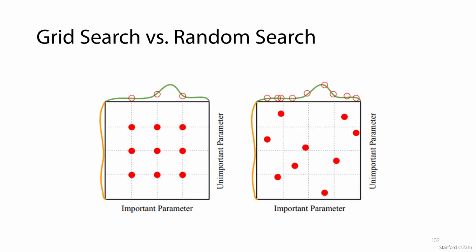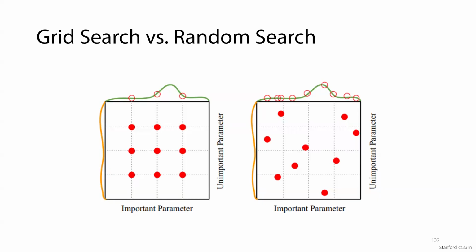To explore different hyperparameter combinations and then run experiments. Versus, you could also do this: just randomly generate the combinations of hyperparameters and then see what happens for those. So in terms of the total number of samples, we have nine, the same.